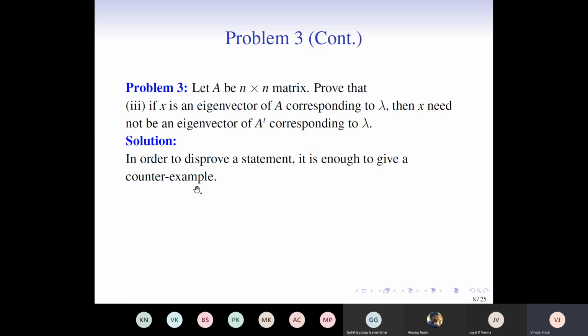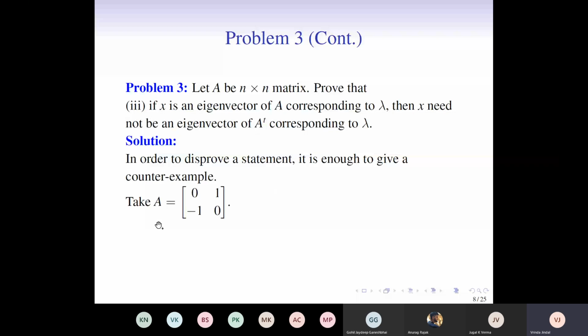We'll prove this by giving a counter example. To prove a statement, you need to generalize it and prove it for all cases. To disprove a statement, it is enough to give one counter example where the statement does not hold.